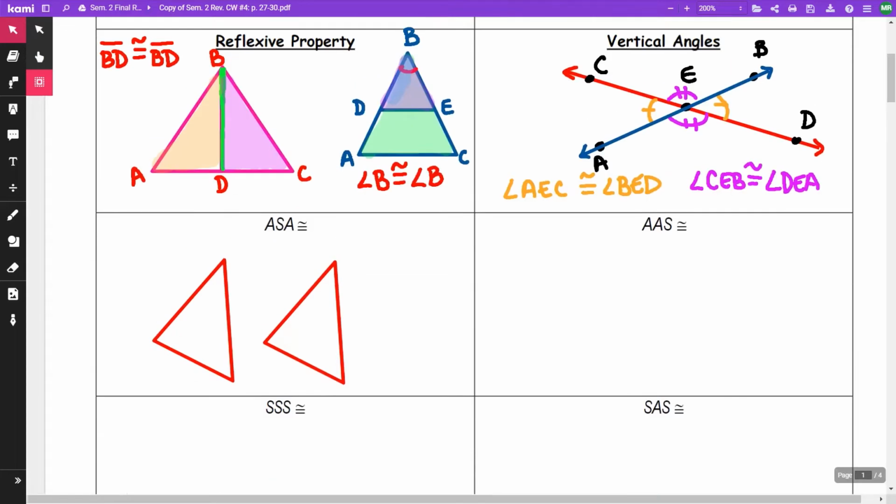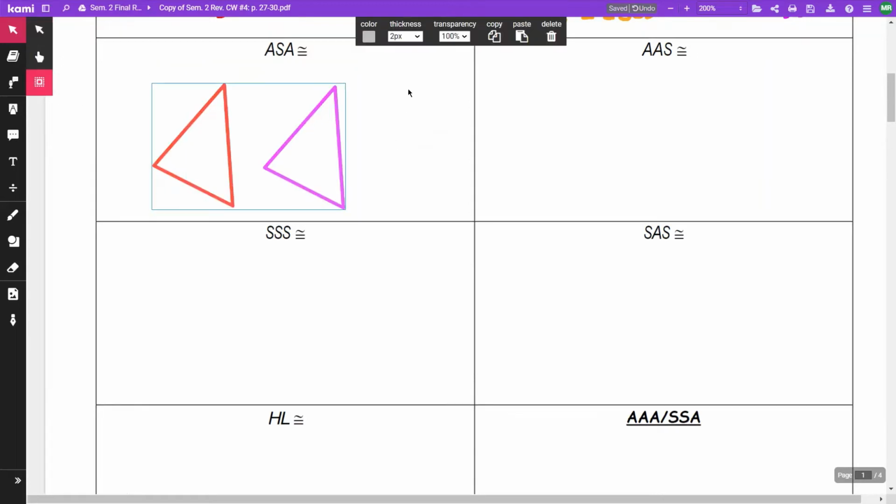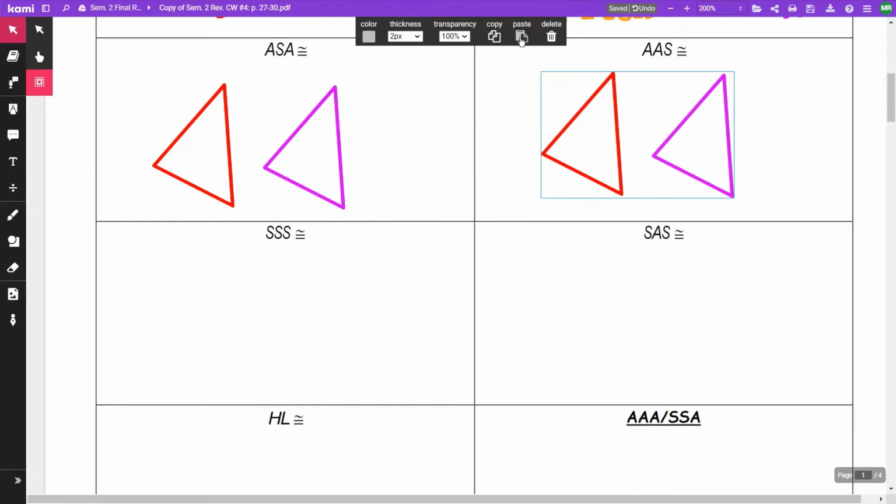Okay. I will make it a different color here. Give me one second. Try it this way. Okay. And I am going to just copy these triangles on each of these.